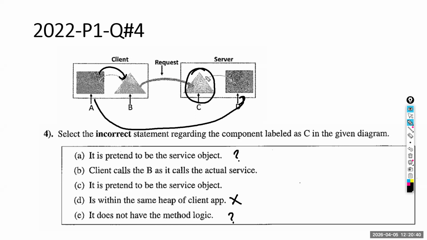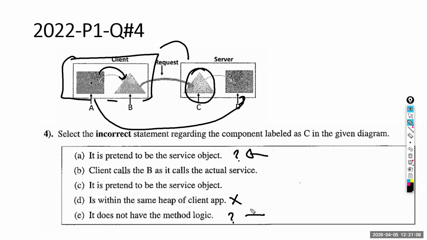So therefore, this is not pretend to be the service object for the client. So ChatGPT is correct. This is also sort of wrong. But anyway, I thought if the client is this, then this is pretend to be the service object. So both look okay, right? But if you look at the client, your client stub is the one pretending to be the service object. Anyway, it's very fuzzy. ChatGPT also has a valid point.